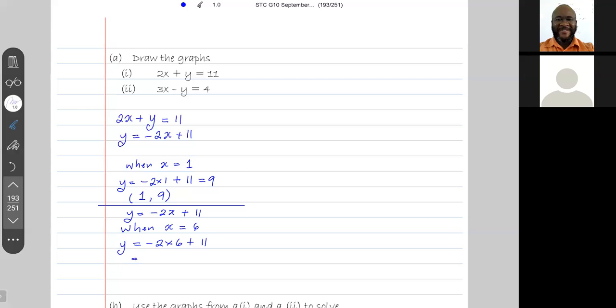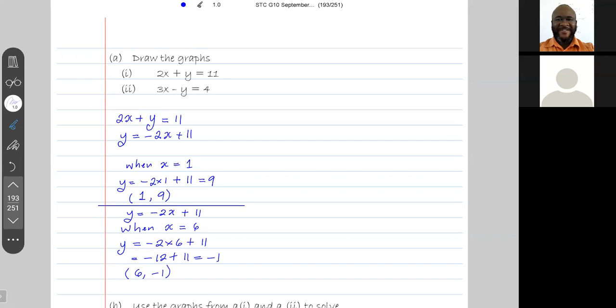Notice I selected x is equal to 1 first, then x is equal to 6. They are a little distance apart, at least 5 centimeters apart. You don't want them to be too close. So this is minus 12 plus 11, which is minus 1. So this point is 6, minus 1.